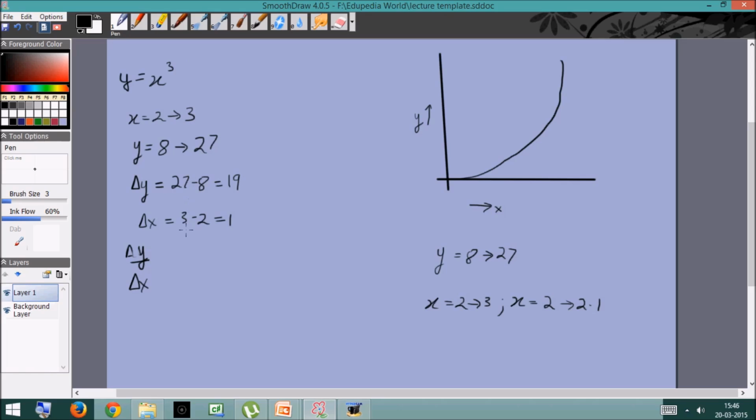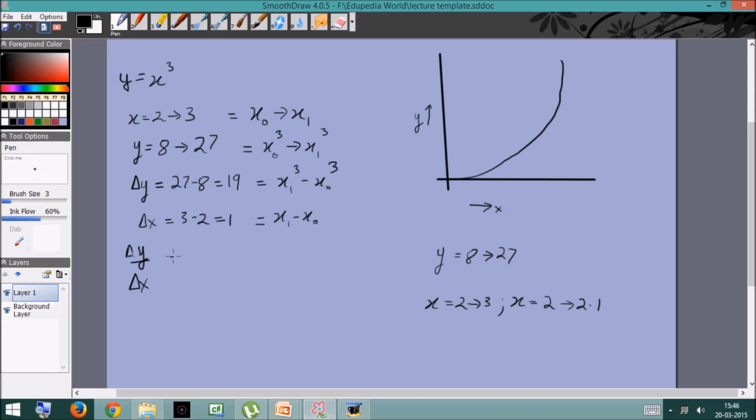Let's calculate it for the more general case. Let's say instead of x going from 2 to 3, we were given x goes from x0 to x1. In that case, y would go from x0 whole cube, which it was initially, to x1 whole cube. Delta y will be x1 cube minus x0 cube, and delta x would be x1 minus x0.